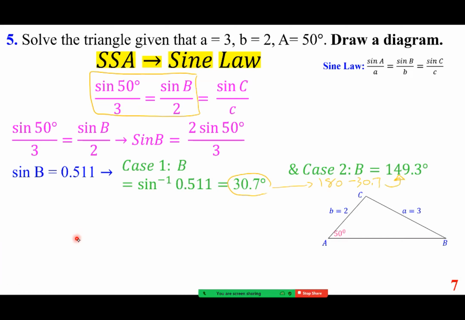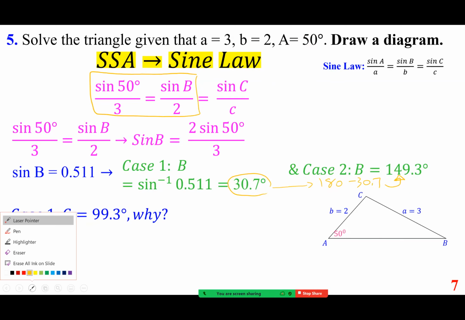So let's finish up the first case. So in the first case, we have 30.7 degrees, we have 50 degrees, we add them up and subtract from 180. So 30.7 plus 50 gives us 80.7.